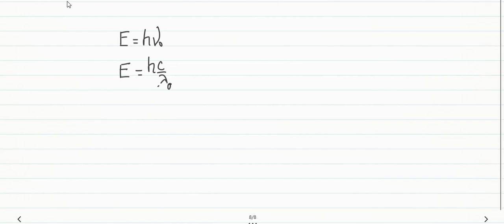The energy which is given here is 4.14 electron volt. If you want to convert this into joule, it will be 4.14 multiplied by the charge of the electron, 1.6 into 10 to the power minus 19 joule.